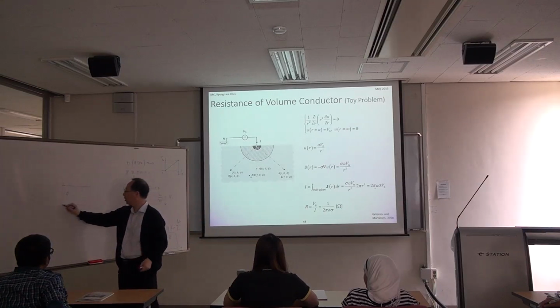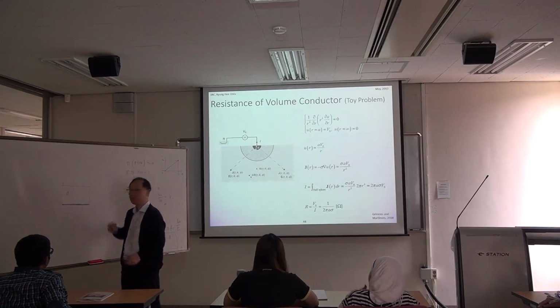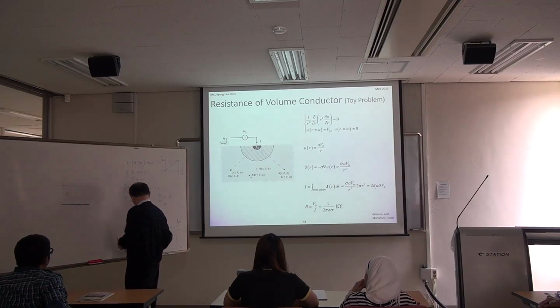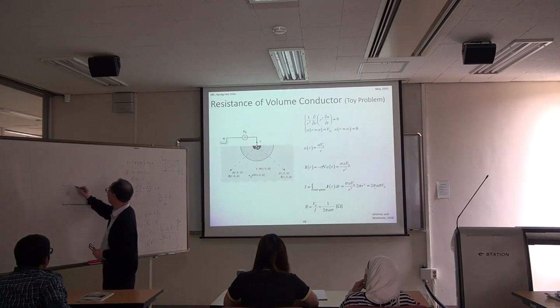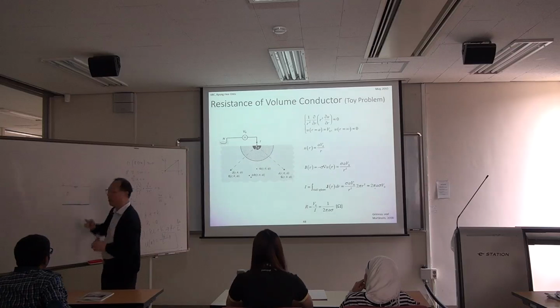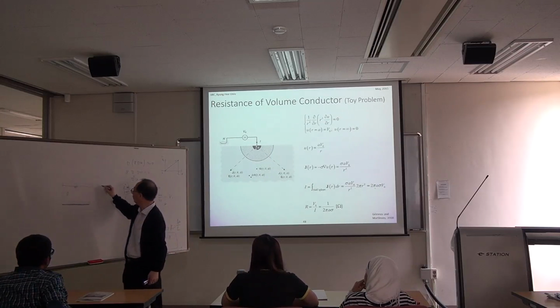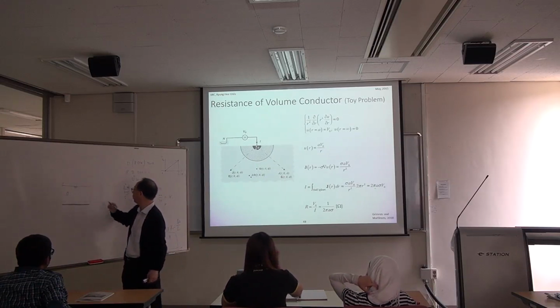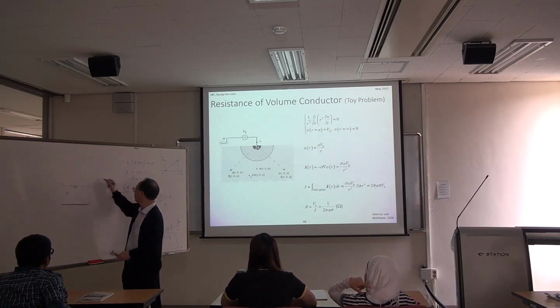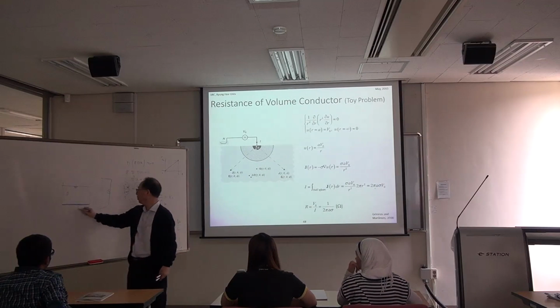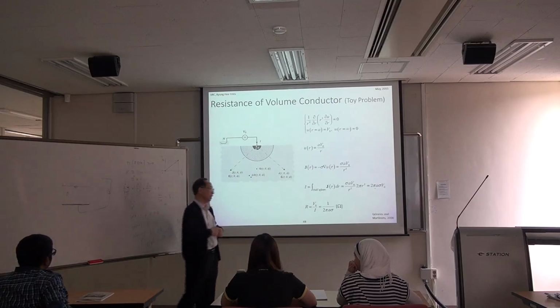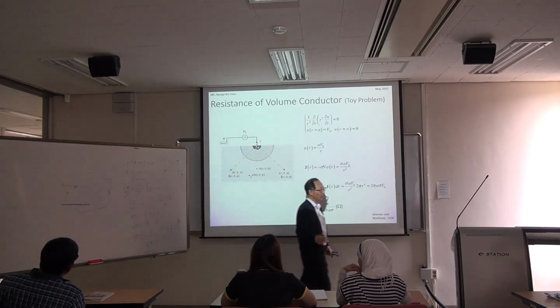Now you want to measure the conductivity in a very simple way. You install a large electrode at the bottom, and then you put a small half-sphere electrode, then you inject current between these two and measure voltage between these two. Some of you might be wondering about the contact impedance.